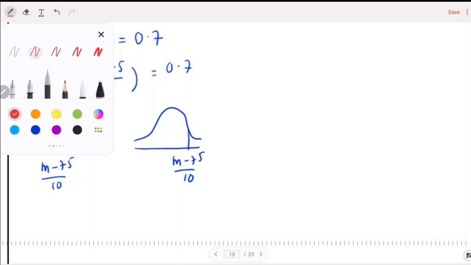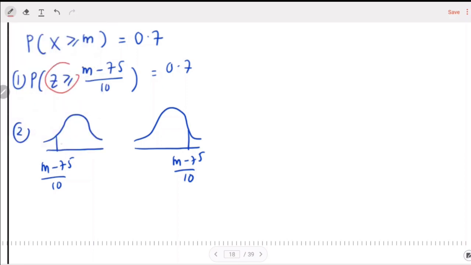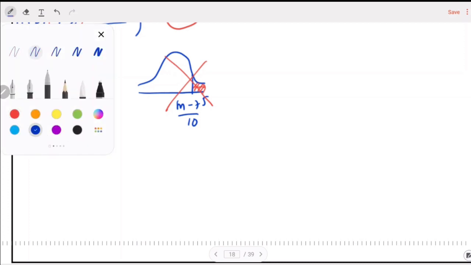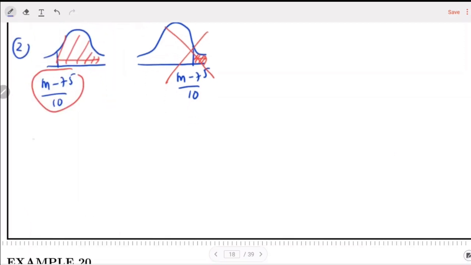The shaded region for Z greater than or equal is going to the right. And then 0.7 is a big probability, so it is not logical for this one. The logical one is that Z lies on the negative side. So we proceed to the third step.